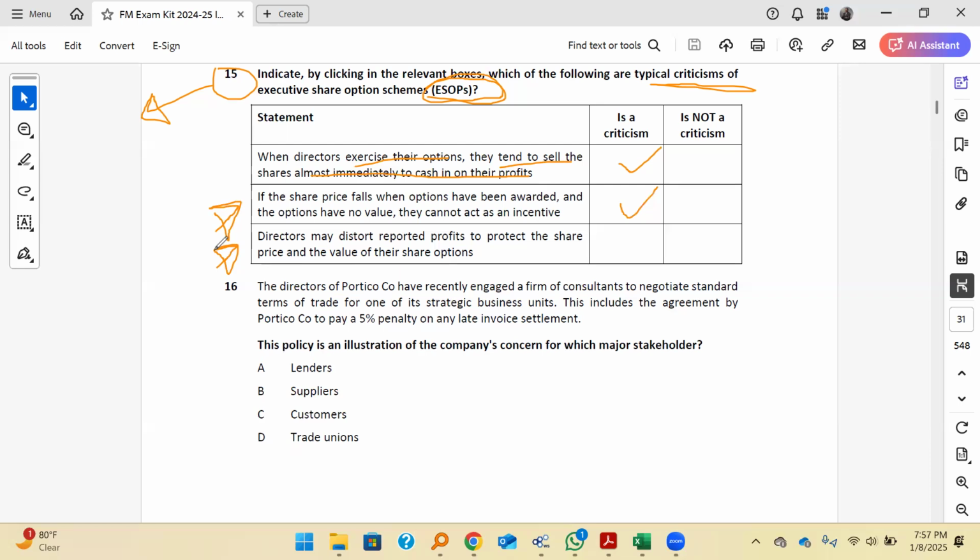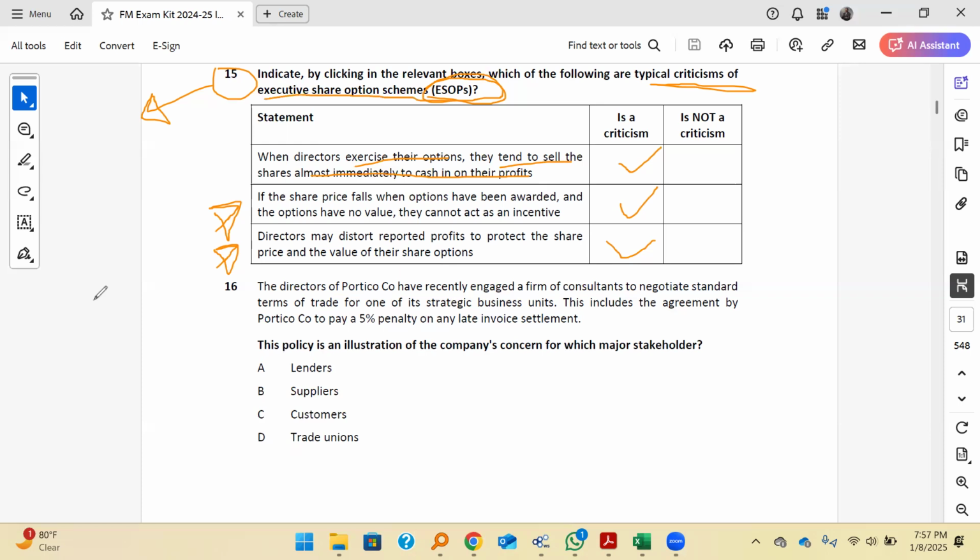So they can distort the results so that they can make sure that the company appears to be performing. There are some scandals that arise just as a result of that, because directors keep portraying the image that this company is performing better, yet in actual sense they are not, because they are trying to protect their share price and therefore benefit from that. Okay, so all three of these are criticisms of the executive share option scheme.